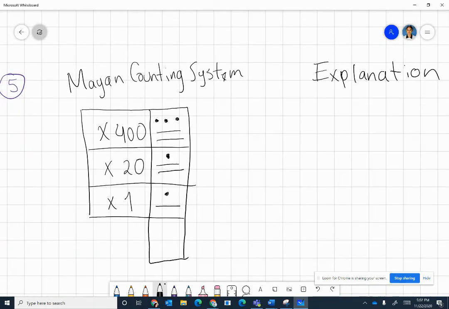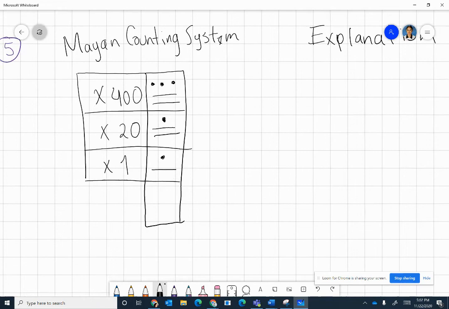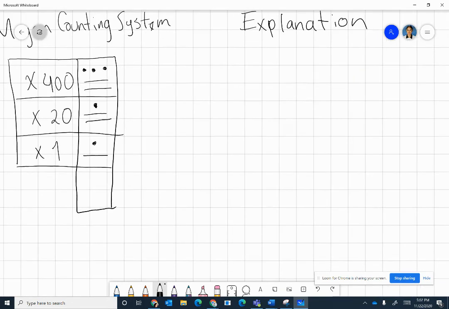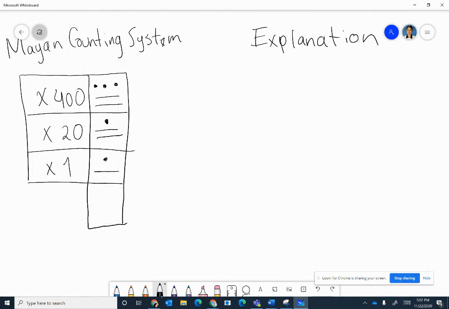And here is our fifth and last example. Step 1, here we have one horizontal line that represents number 5 and one dot that represents 1.